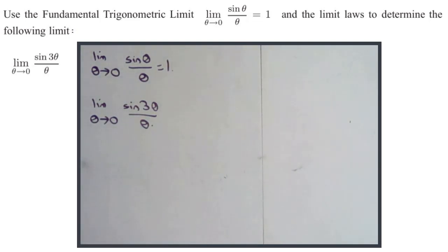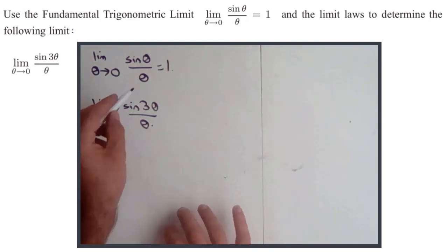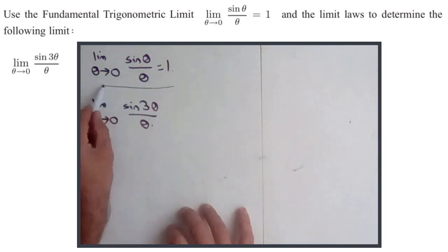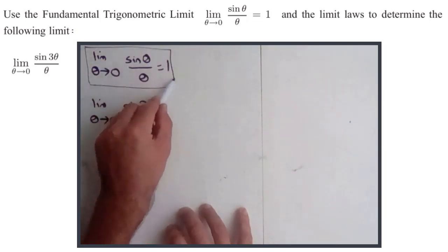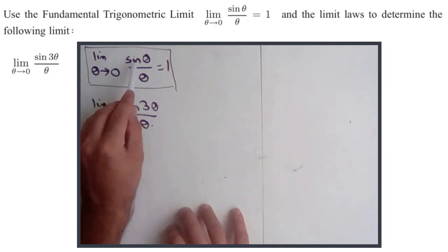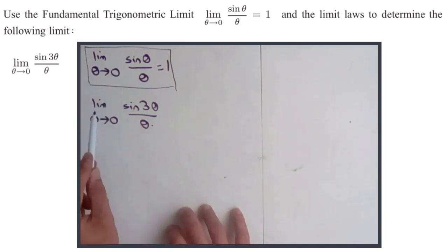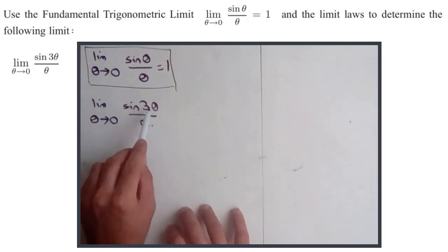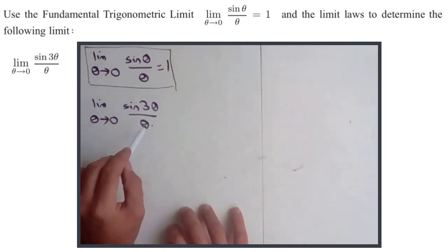Well, if you look at the fundamental trigonometric limit here, one thing to notice is that you've got theta approaching 0 and it's sine theta over theta. So the difference here is that you've got theta approaching 0, and here you've got sine 3 theta over theta.